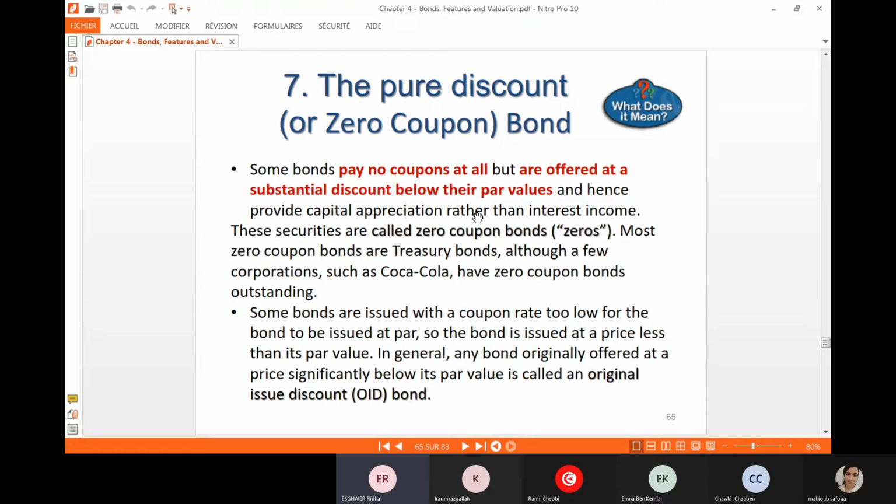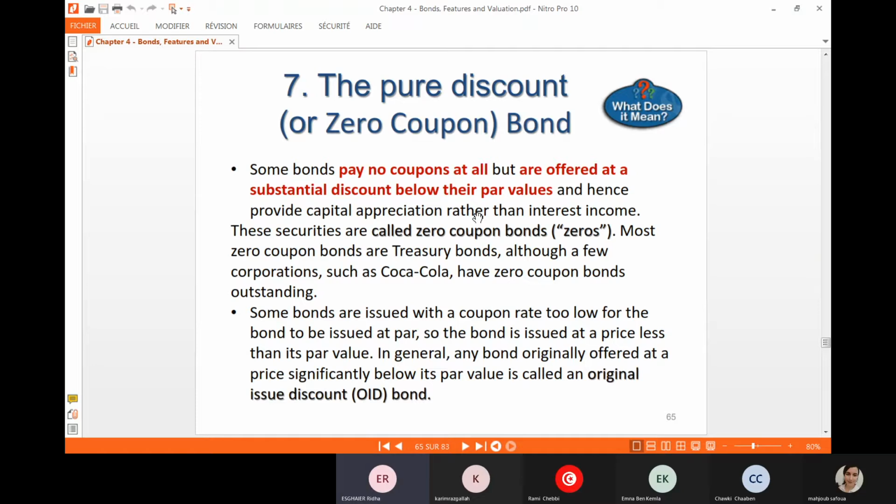But instead of paying a price which is close to the par value, and you know that each company tries to issue a bond at par from the beginning. It tries to adapt the coupon rate to the market interest rate to be able to sell the bond at its par value at the beginning.